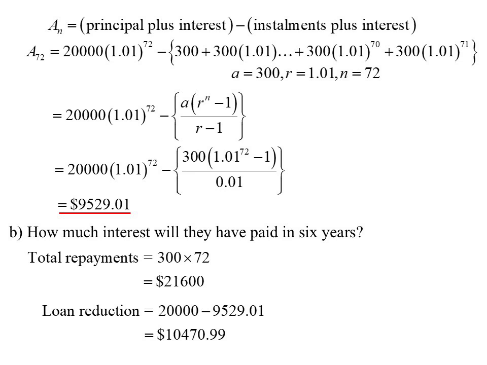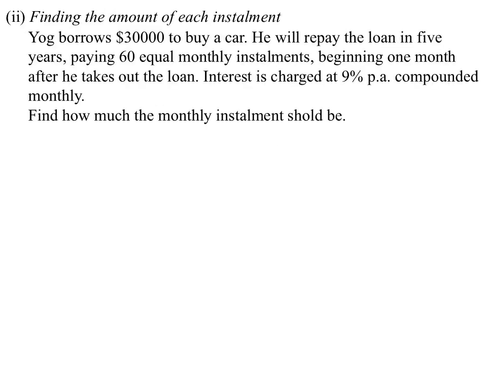So they've only reduced the loan down to this balance, $10,470. So even though they've made $21,600 worth of repayments, the loan's only been reduced by $10,000. The difference, therefore, must be the interest that they've paid. So all up, they've paid so far $11,129.01.